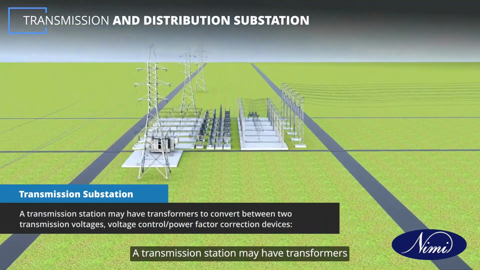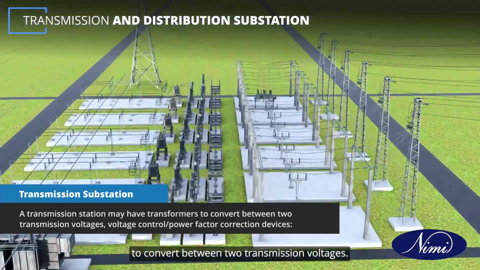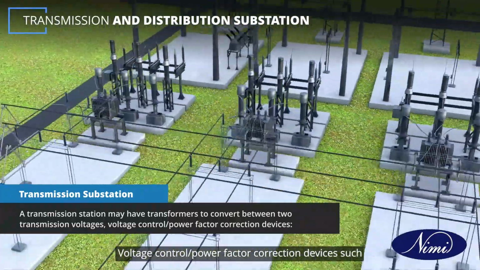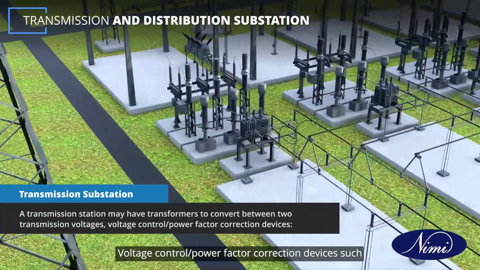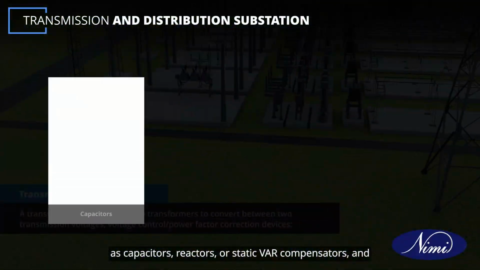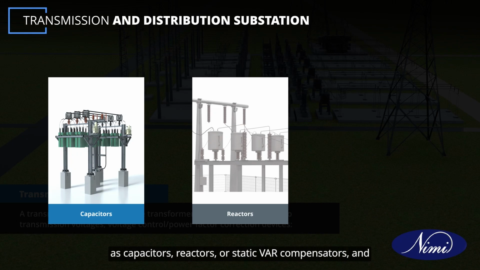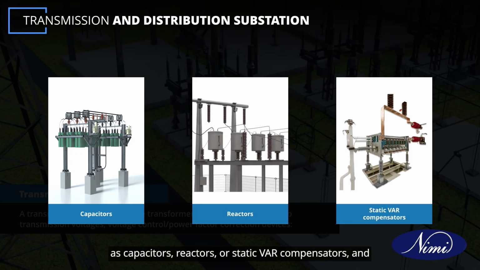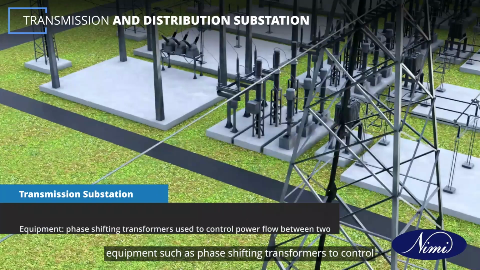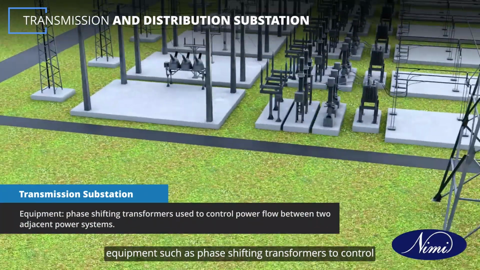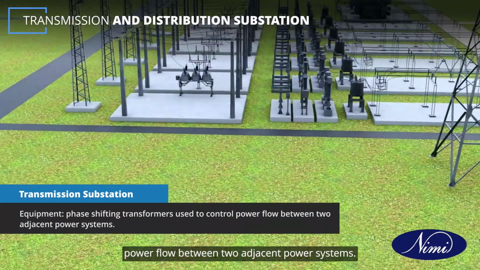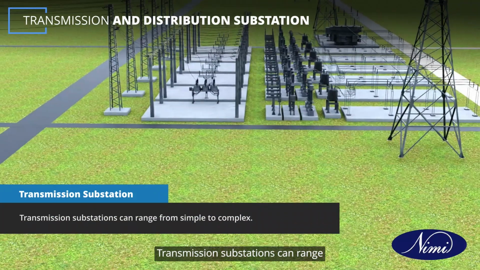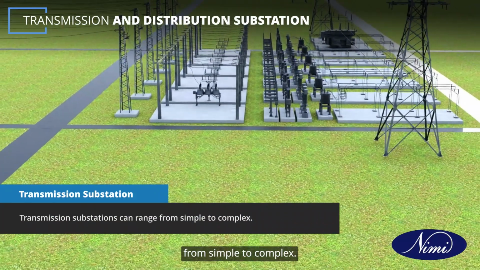A transmission station may have transformers to convert between two transmission voltages, voltage control or power factor correction devices such as capacitors, reactors, or static VAR compensators, and equipment such as phase shifting transformers to control power flow between two adjacent power systems. Transmission substations can range from simple to complex.